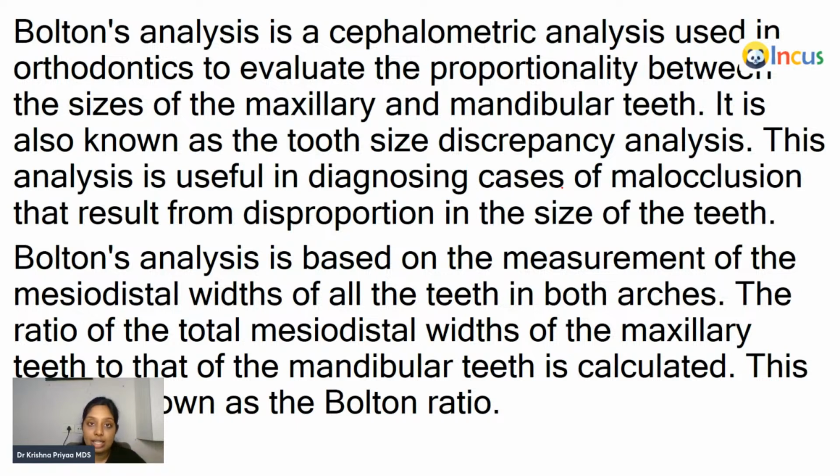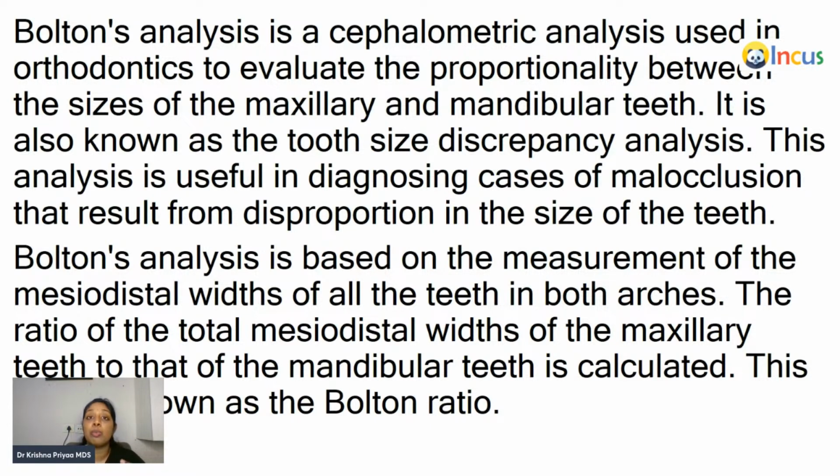Before that, with Carey's analysis, we measured the arch perimeter and the individual mesiodistal width of the teeth. If it was between 0 to 2.5, interproximal reduction; 2.5 to 5, second premolar extraction; greater than 5, first premolar extraction. So Carey's analysis was this. In Ashley-House analysis, we were talking about expansion and the values associated with it.